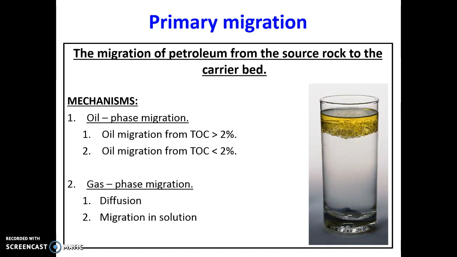type of lithophase. For example, methane, they have a small molecule size, so they are distributed through all the lithophase. They have the capability to distribute throughout all the lithophase.